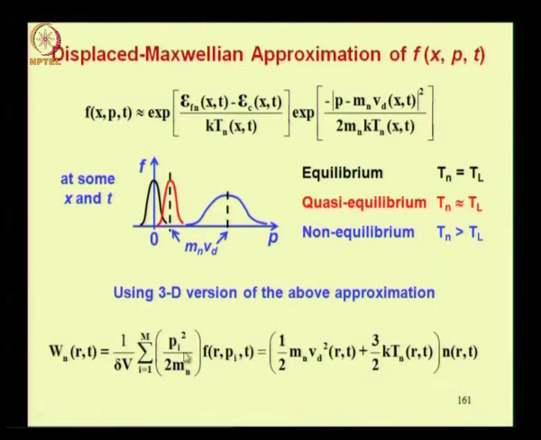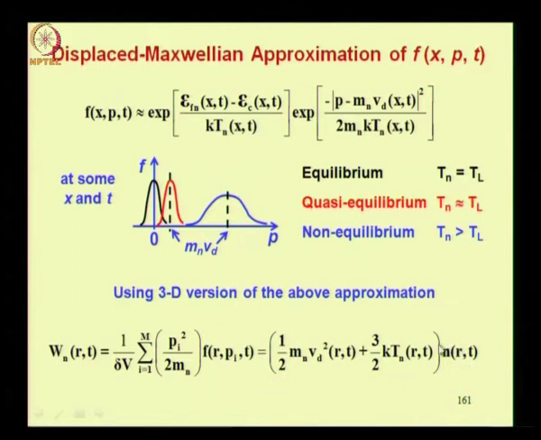Similarly, one can derive the kinetic energy density using the formula that we introduced. The result of using this displaced Maxwellian approximation is that kinetic energy density equals half m n Vd square, the so-called directed kinetic energy or drift energy, and 3/2 times K T n, which is the random kinetic energy or so-called thermal energy, and that is why you see the carrier temperature coming in here.